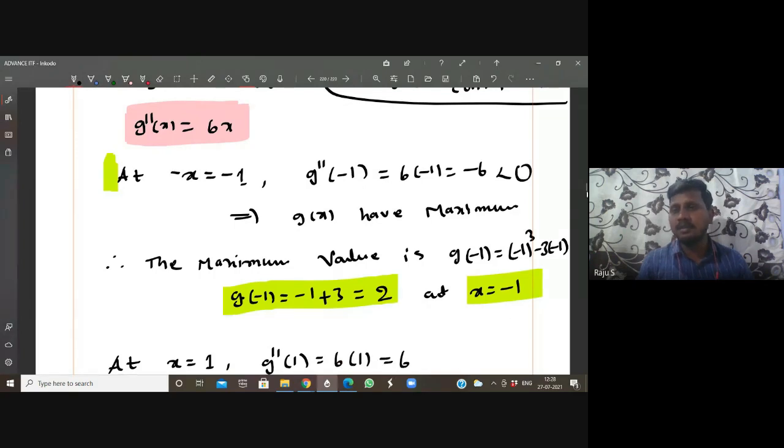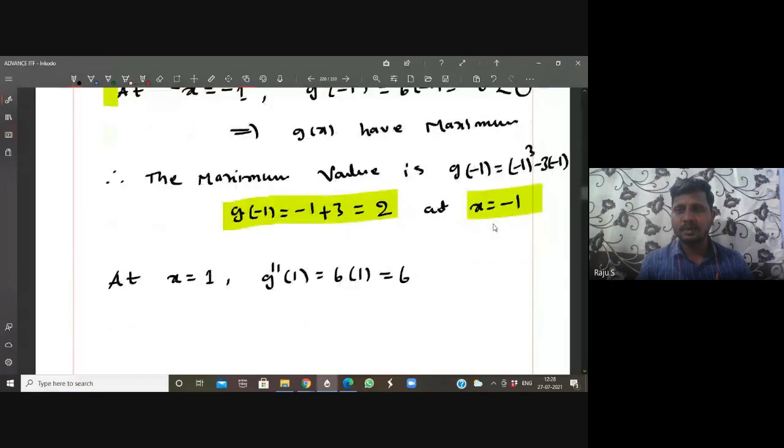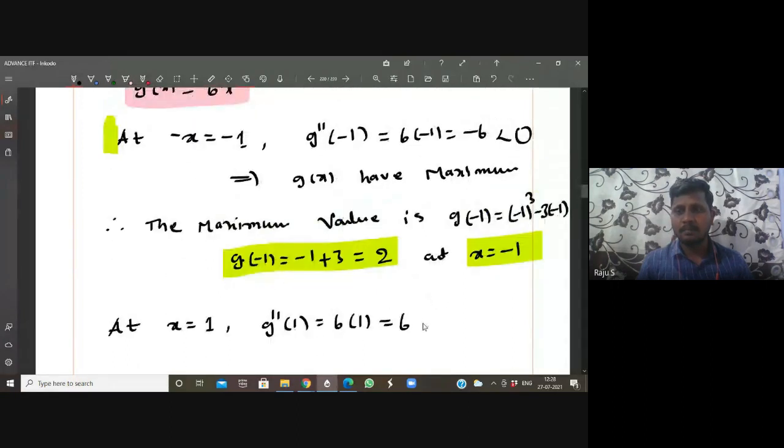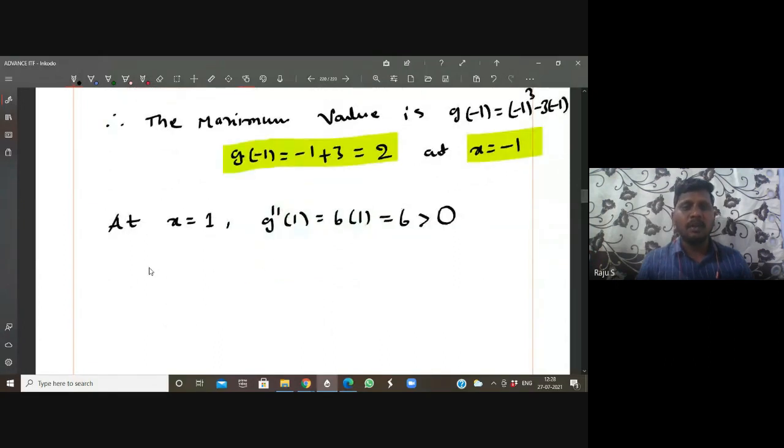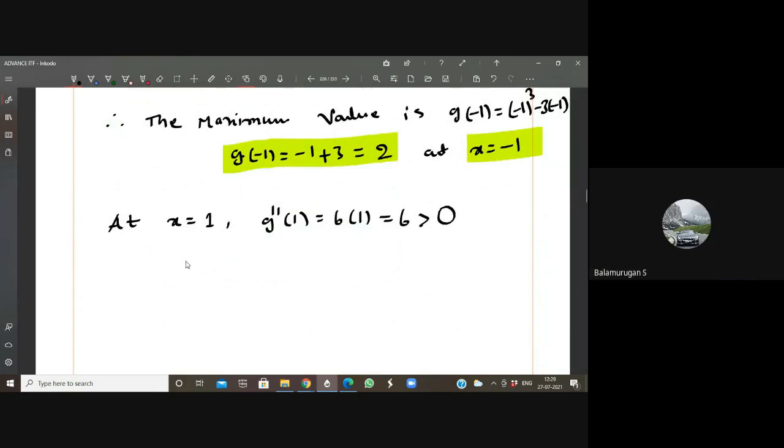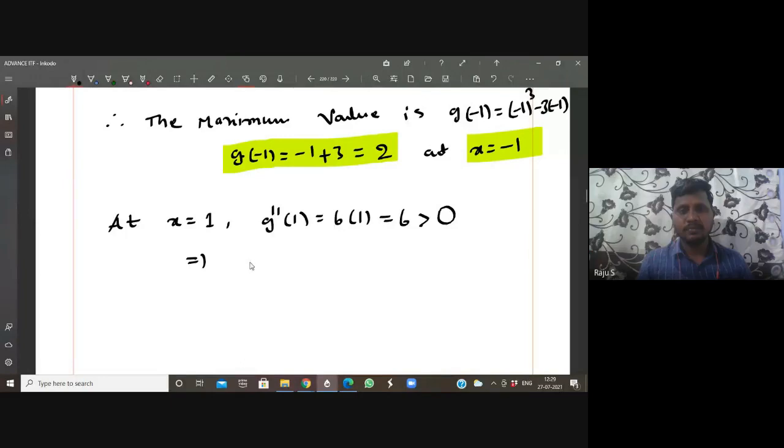Is 6 greater than 0 or less than 0? Clearly greater than 0. Whenever it is greater than 0, what can we conclude here? Whether g of x has a minimum or maximum? Minimum, which implies g of x has a minimum value.